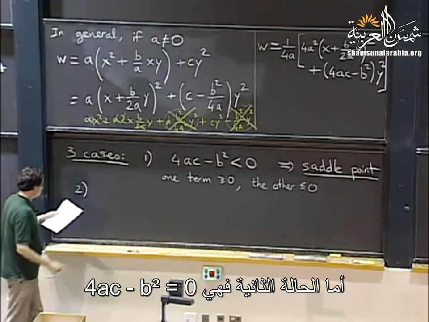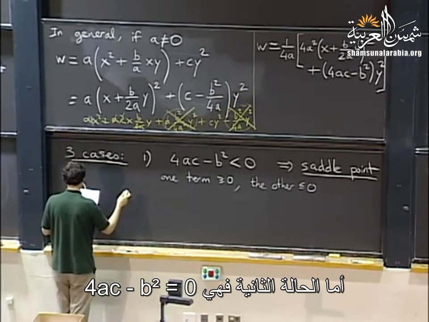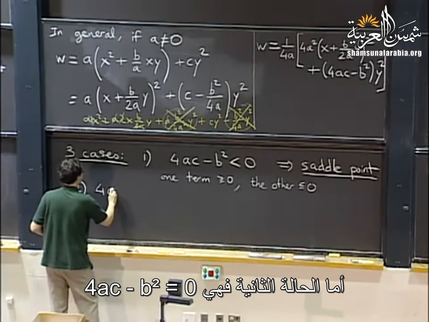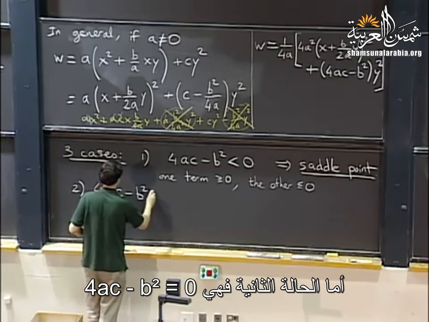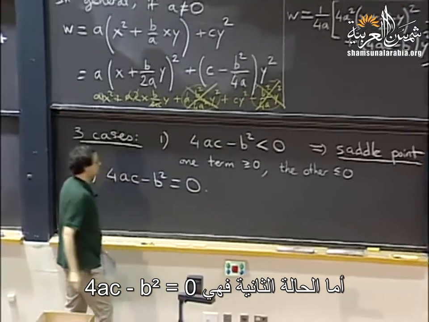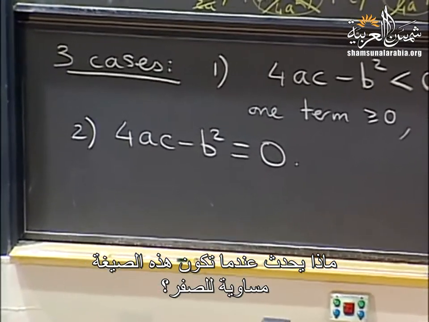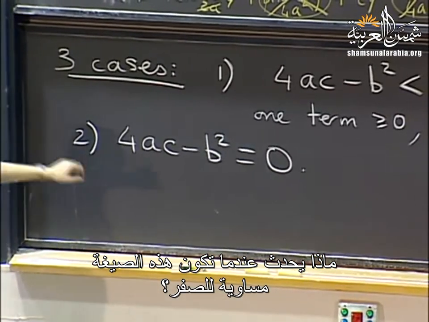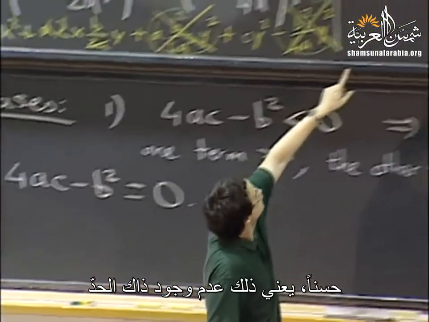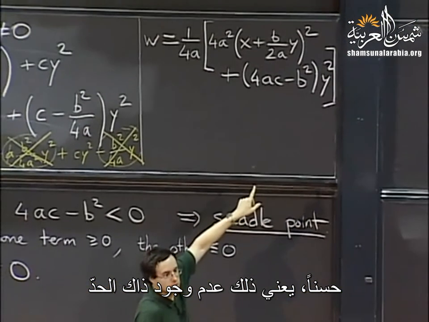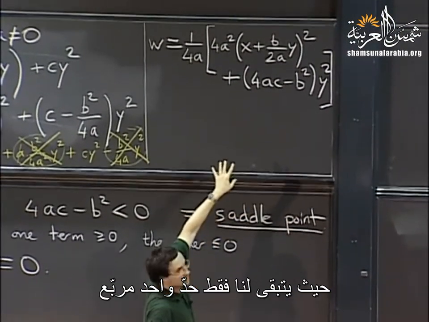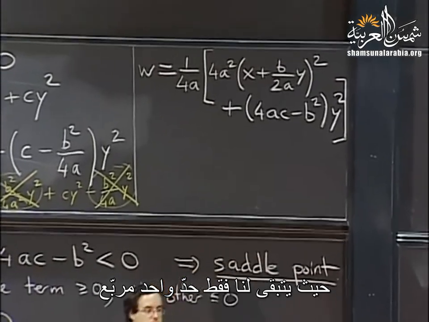The second case is where 4ac minus b squared equals 0. Well, if that's 0, then this term over there goes away. So what we have is just 1 square. Okay?